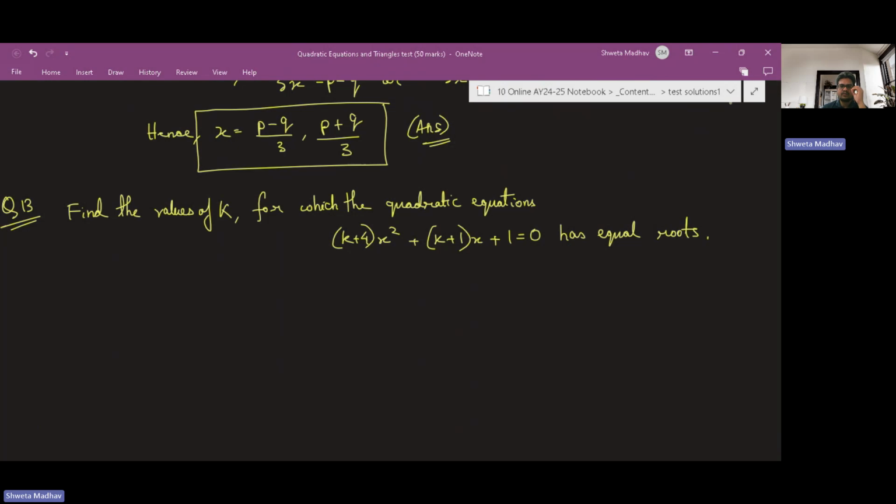The value of k for which this quadratic equation has equal roots.